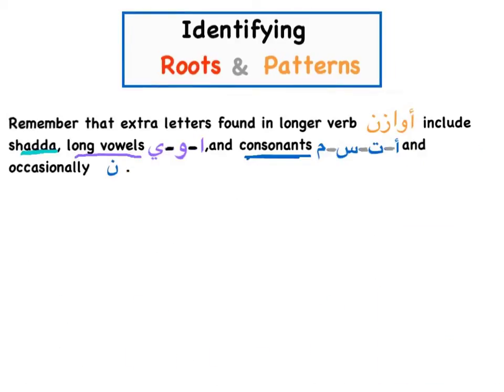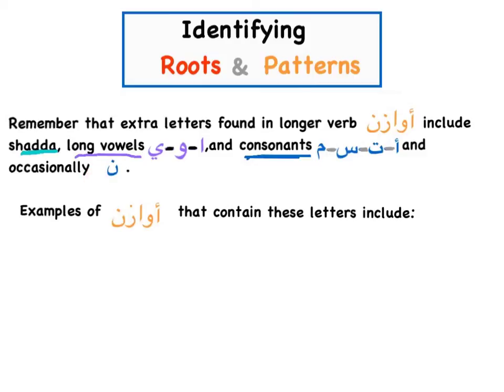Easy. Remember that extra letters found in longer verb أوزان include شدة, long vowels like واو, يا, ألف, but sometimes you can find واو, يا as part of the root. Consonants include ميم, سين, تاء, ألف again, and occasionally noon.